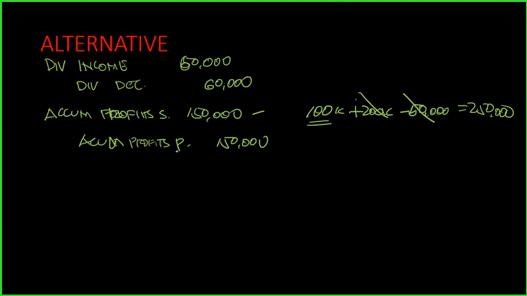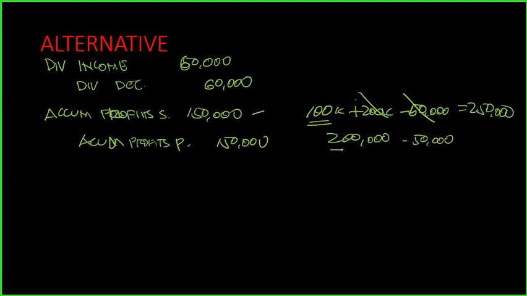Sir, what about this? Okay, why are you crediting accumulated profits in the books of the parent? Because, okay, if they have been using equity method, sana, the investment, okay, should have increased 150, no? Umakyat sana yan by 200,000, okay, and bumaba dapat yan ng 50,000.